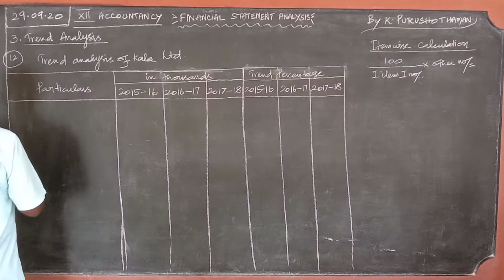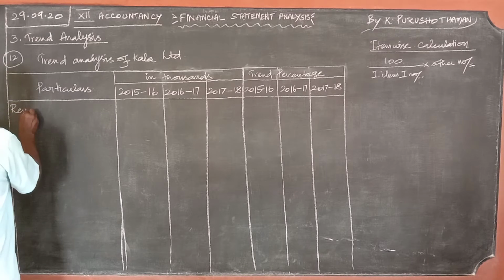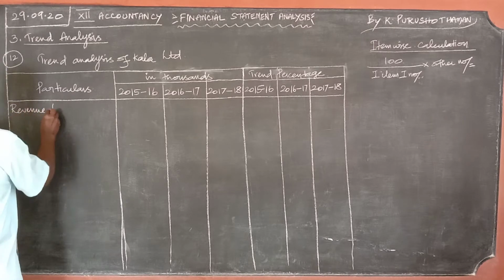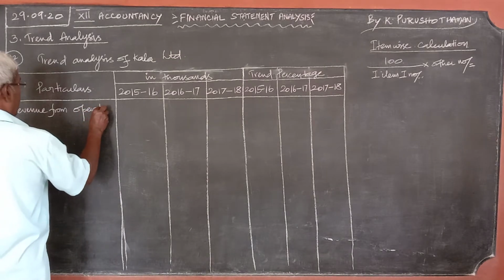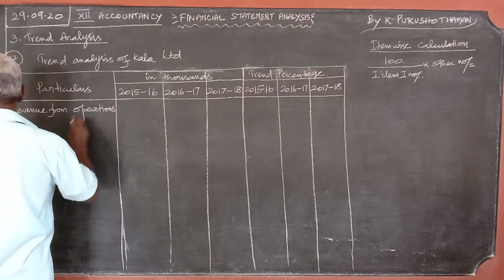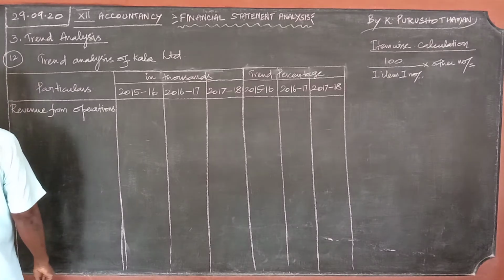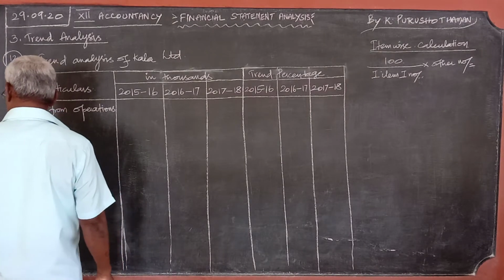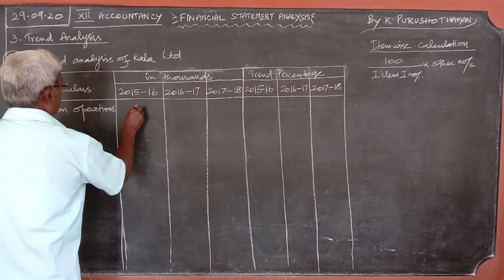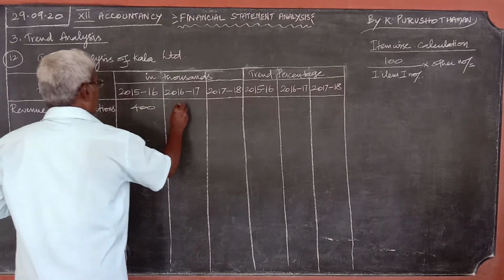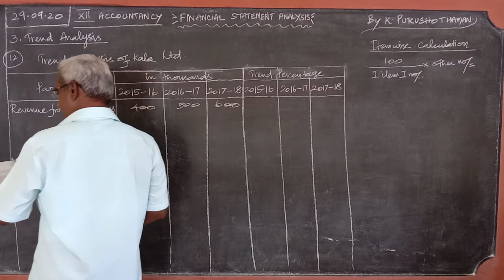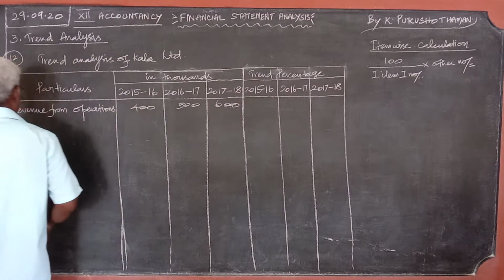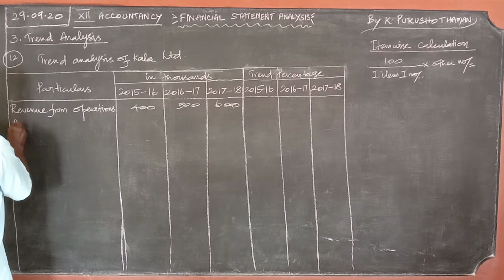Revenue from operations 400, 500, 600. The second one, other income, we should add as usual in other methods.